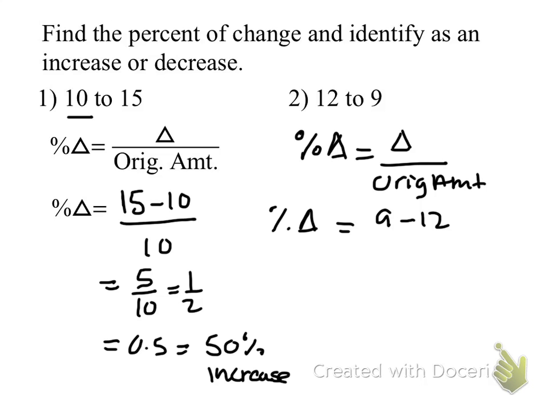So it's what kind of percent change? Increase or decrease? Decrease. So if we do 9 minus 12, it's going down. But in this case, over the original amount, what is it? 12. The original amount was 12.